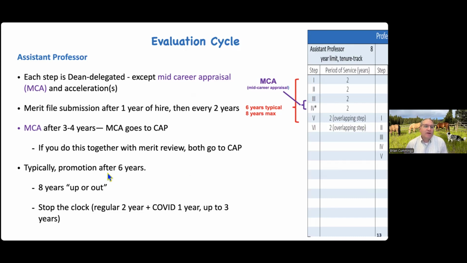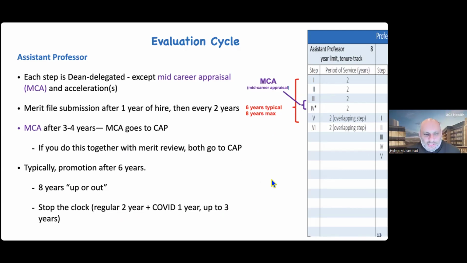Typically after 6 years in the assistant professor rank, and absolutely no more than 8 years, there's an 8-year up or out rule, you are going to be going up for promotion to associate professor. Now, you may have used a stop the clock or a COVID stop the clock, and that could add 2 to 3 years to this cycle.